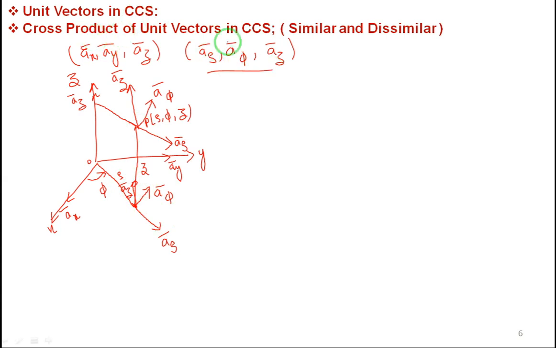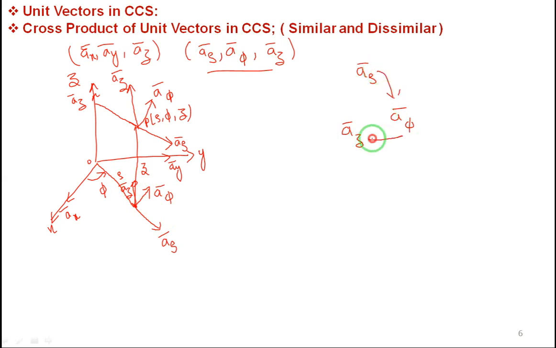Then if I take the cross product of these unit vectors in the cylindrical coordinate system, what will happen? Already we have seen the cross product of unit vectors in the rectangular coordinate system. So here, similar vectors and dissimilar vectors. I will draw that cyclic pattern, a rho, a phi, az.